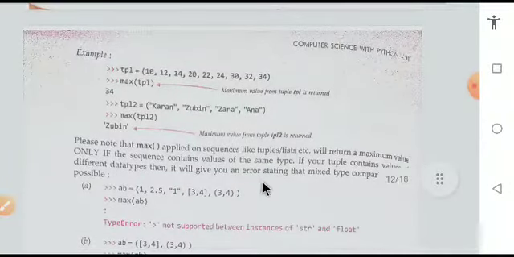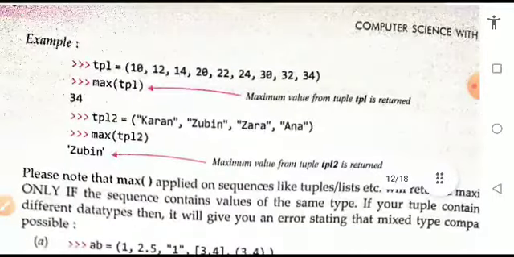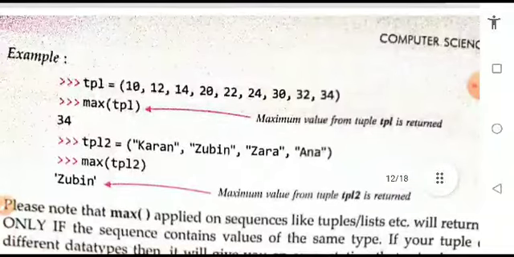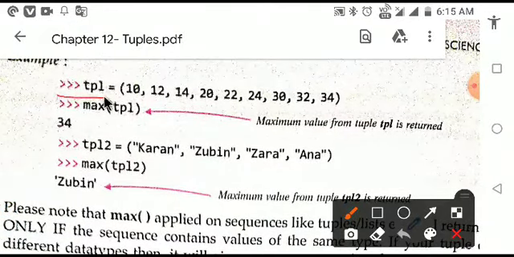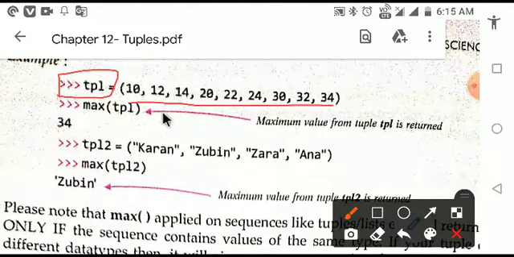Now students, this is the thing you have to clearly understand about the topic. Another example: tuple 1 has these values, and if we check the max in this tuple, we get 34.